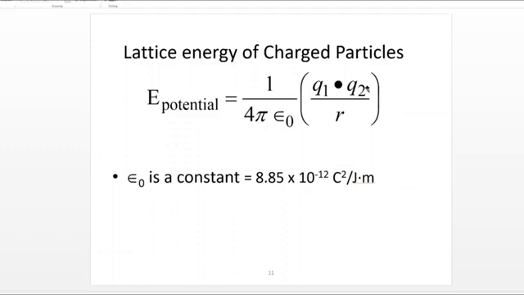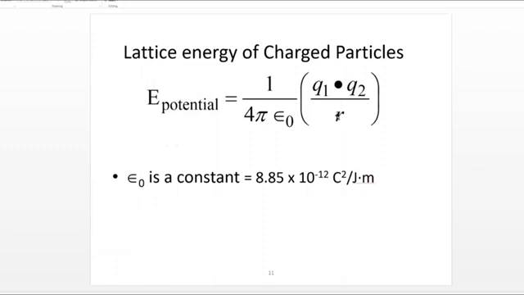If you have sodium chloride, a +1 -1 interaction, then Q1 times Q2 will be only 1. But if you have a +3 and -3, like aluminum phosphate, this will be 3 times 3, which is 9. So the potential greatly depends on the charge of the ions involved in the bond. Also, it depends on the radius.